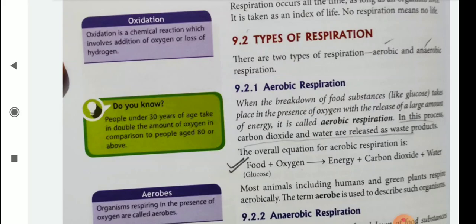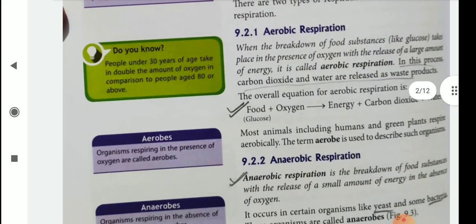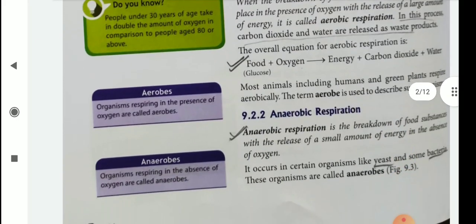Most animals including humans and green plants respire aerobically. The term aerobe is used to describe such organisms. Then anaerobic respiration, just opposite of aerobic respiration.